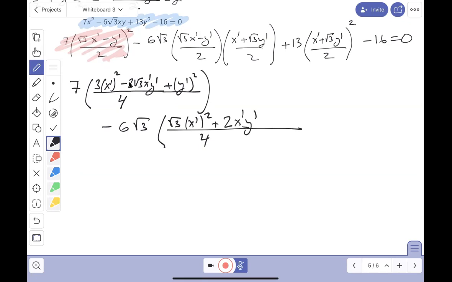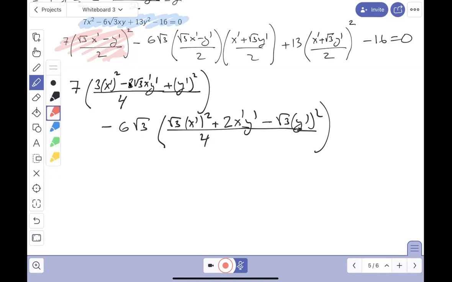Boy, it's going to be a lot of work. Minus root 3 y prime squared. You're going to make mistakes. All right, someone said, what did you just do there? Very little. I did this thing. Let's do the next guy.